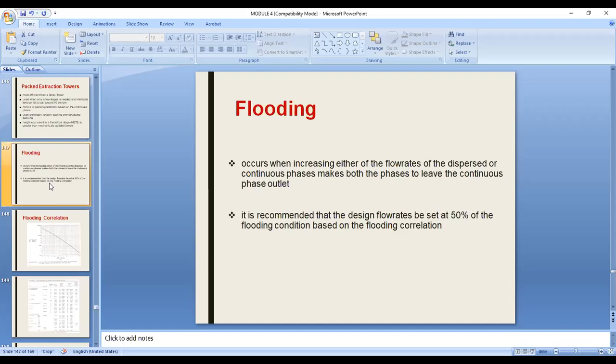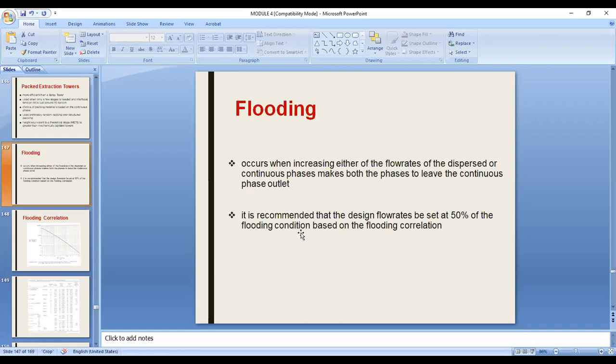So both of your phases, the dispersed phase and the continuous phase, will leave the tower bottom. So it is recommended that the design flow rates be set at 50% of the flooding condition. So take note, if it's gas absorption or stripping, our diameter for the tower is based on 60% flooding. For extraction, it's 50% of the flooding condition.